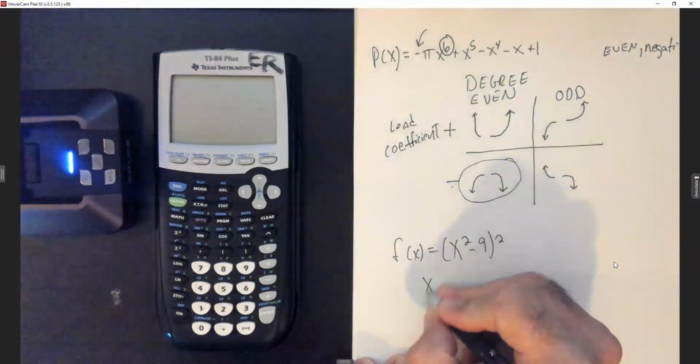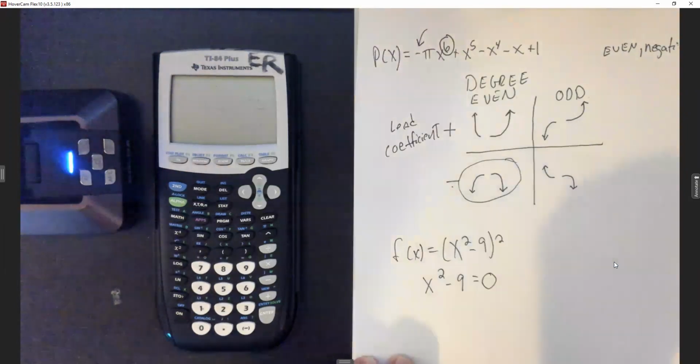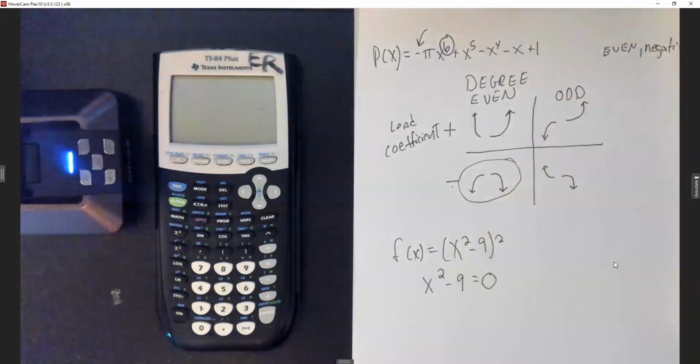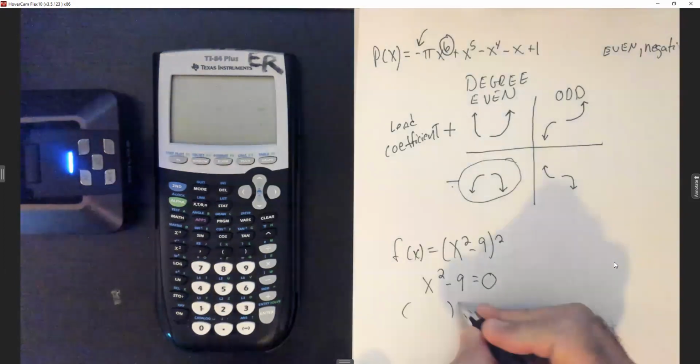So x squared minus 9, we're going to set equal to 0. Then you're going to solve that. There are 3 ways to solve that. You can factor it, you can use the quadratic formula, or you can solve it by square roots. I'm just going to factor that real quick because it will factor.